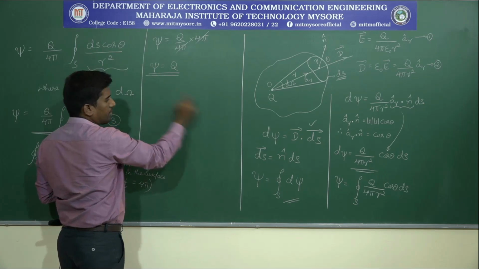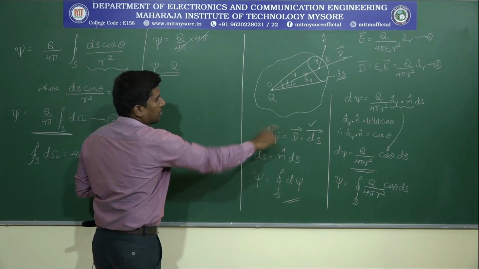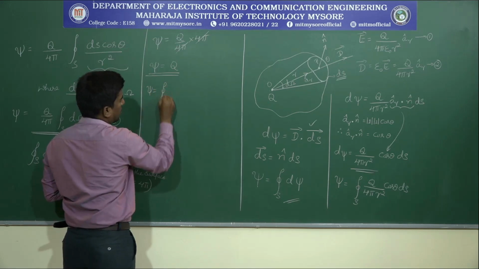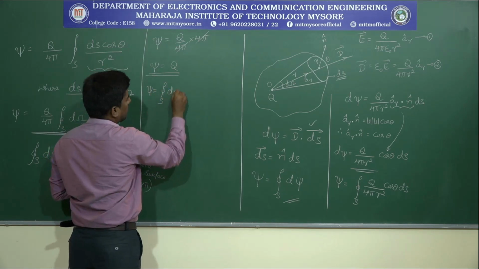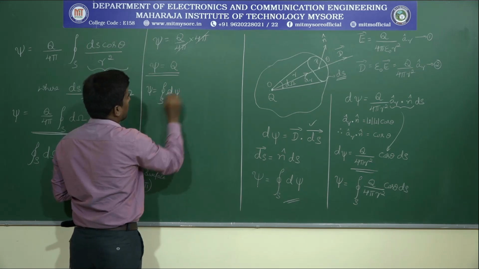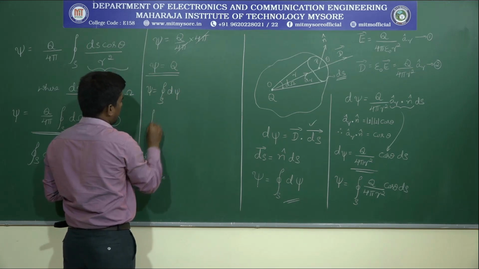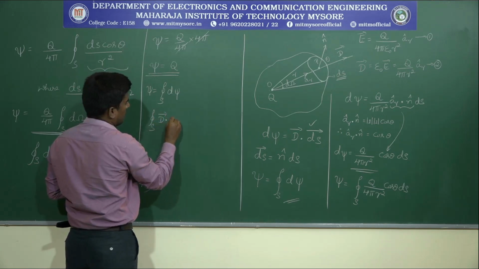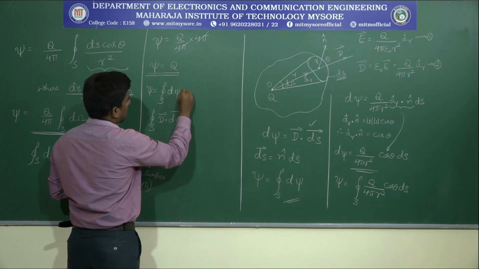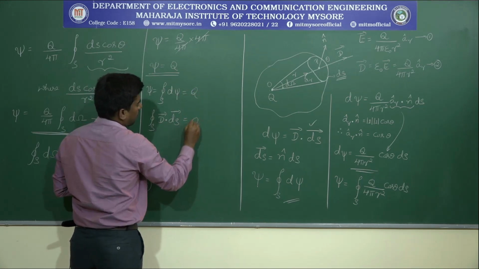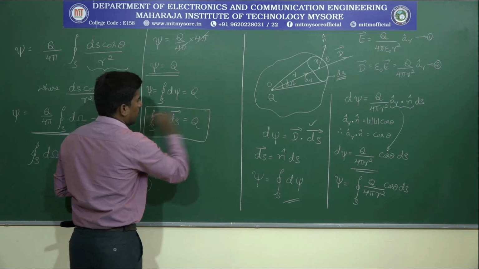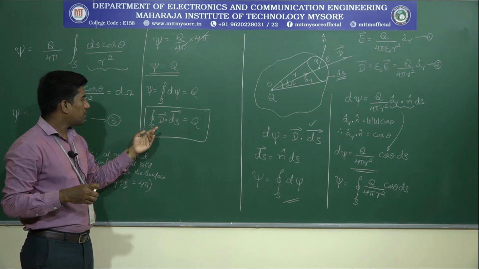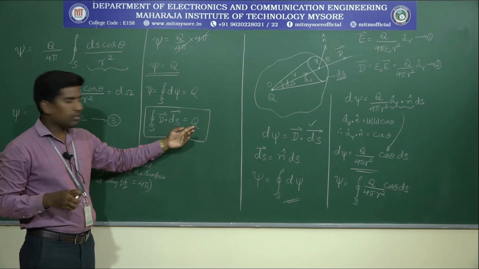What is psi? According to this equation, psi is integration of d psi. Okay, so it can also be written as surface integral of d dot ds is equal to q. While writing the statement, the Gauss law is written in this form. Surface integral of d dot ds is equal to q.